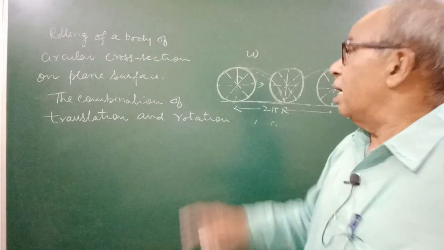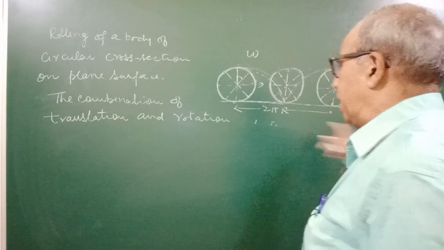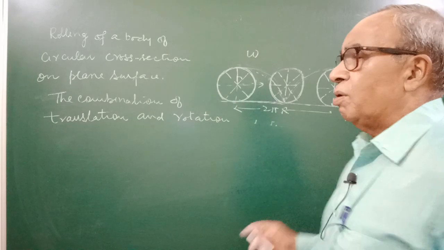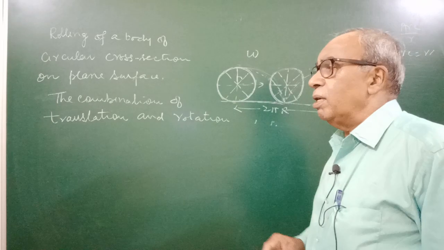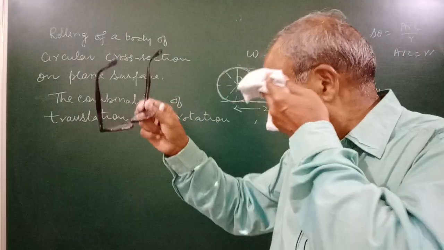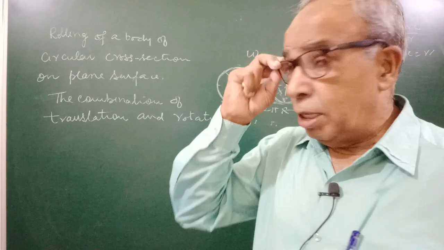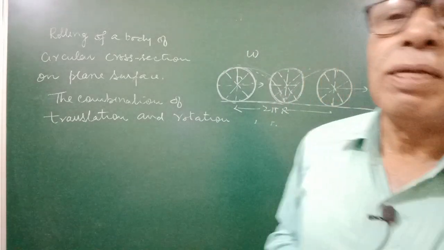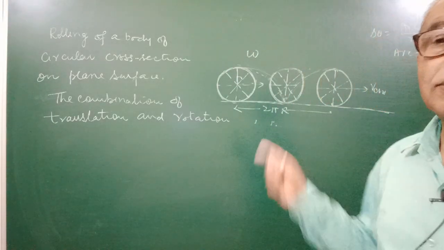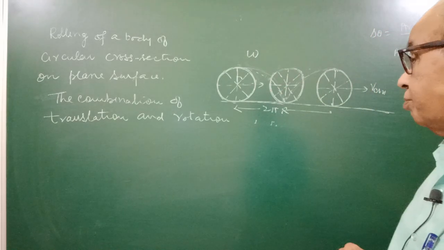In fact, here I have shown a wheel rotating on plane surface, but this body may be a disc, may be a solid cylinder, may be a ring, may be a sphere, but from front it will appear that cross section is circular.